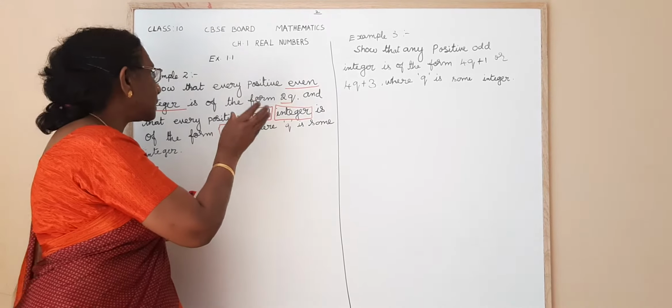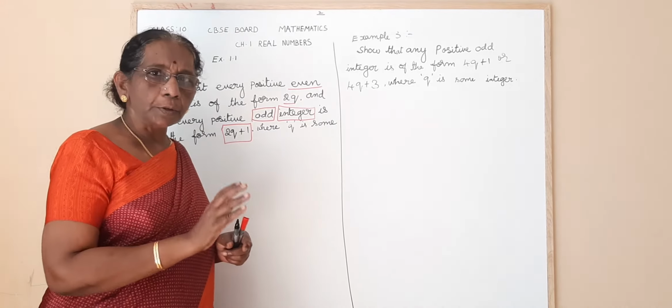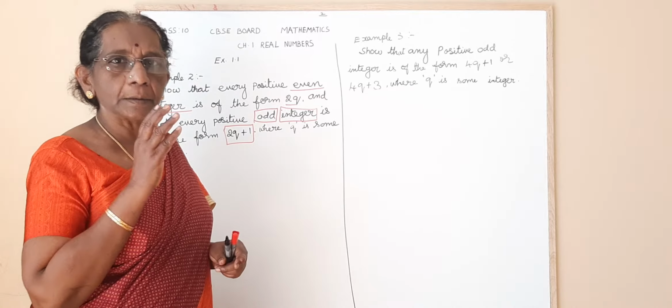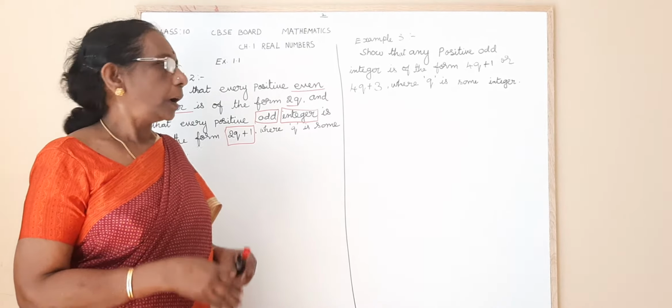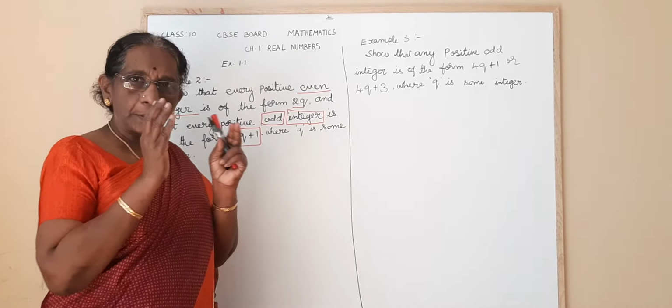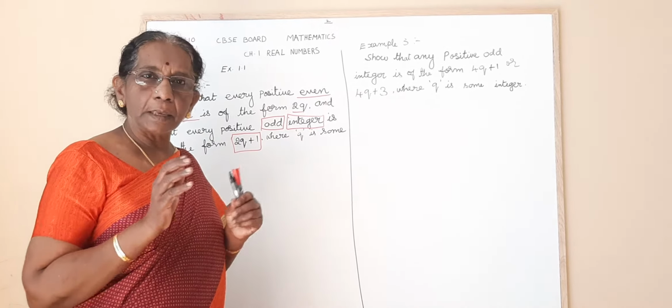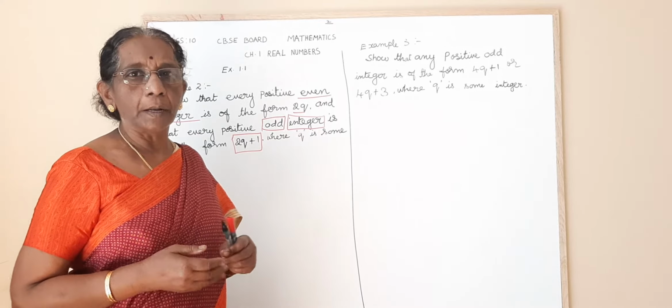An even integer is of the form 2q. 2q means 2 into some number, that is, it's a multiple of 2. And the next one is 2q plus 1, a multiple of 2 plus 1. Now all of you know what an even integer is and what an odd integer is.